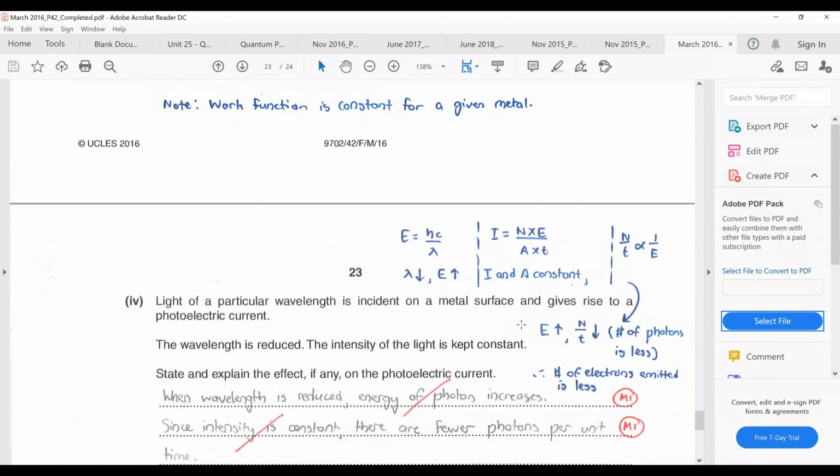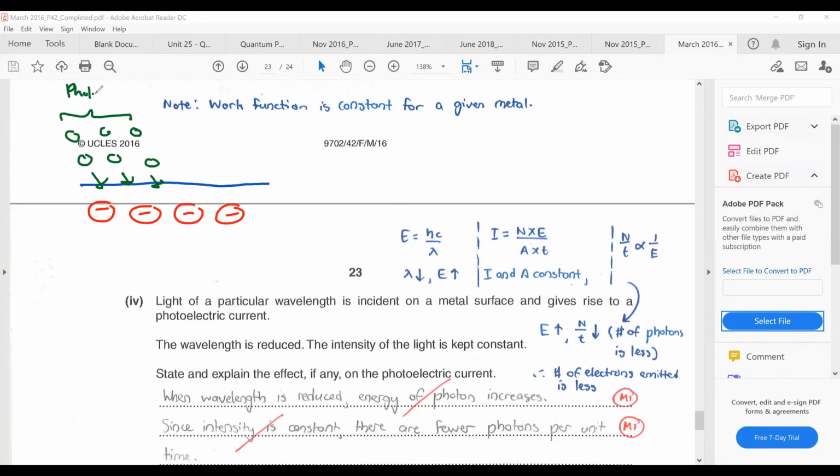Now, what is photoelectric current here? Say for example, I have your metal surface here like this, and I have the electrons, and my photons are coming here. Under photoelectric emission, your electron will absorb the photons.